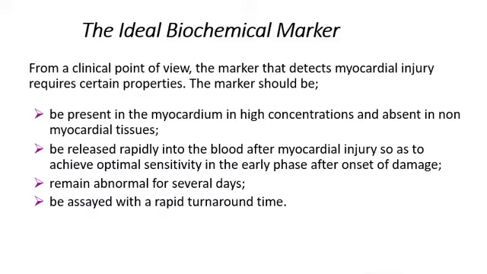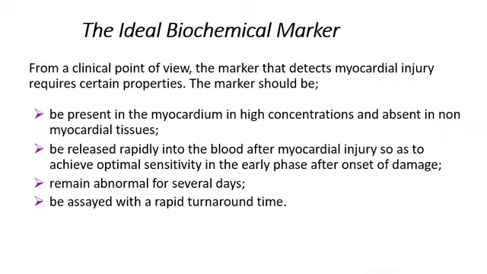The question, from the clinical point of view, is that most clinicians ask about the ideal marker. That is not present, but what are the features of the ideal marker that they are looking for? First of all, the marker should be present in the myocardium in high concentration and absent in non-myocardial tissues.